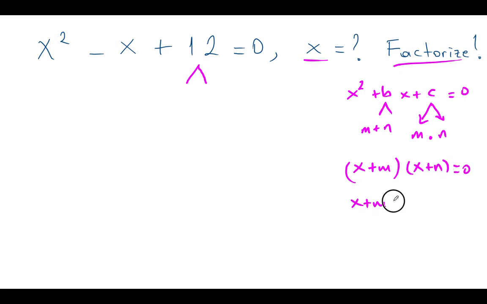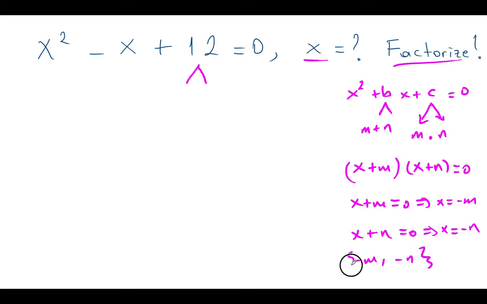So if the first one is equal to 0, then x is equal to negative m, and if x plus n is equal to 0, then x is equal to negative n. So negative m and negative n are the solutions.